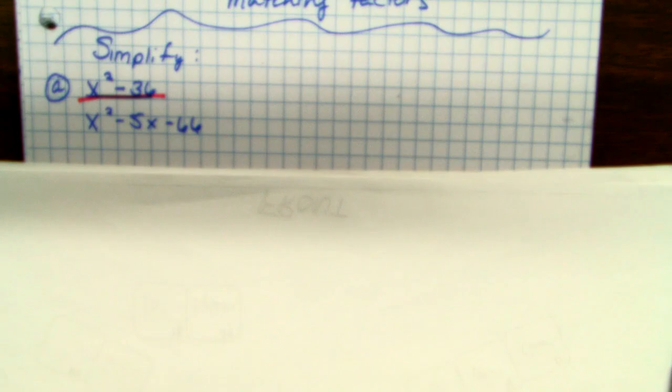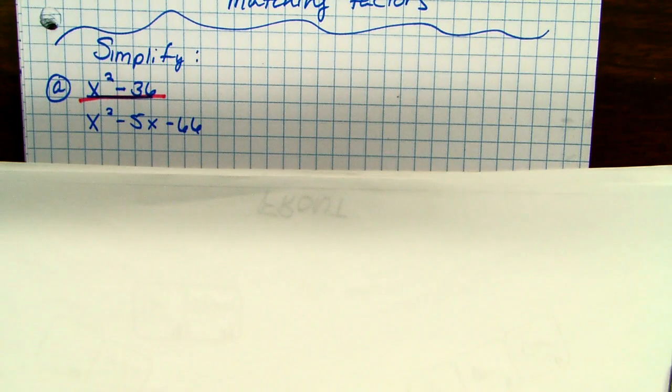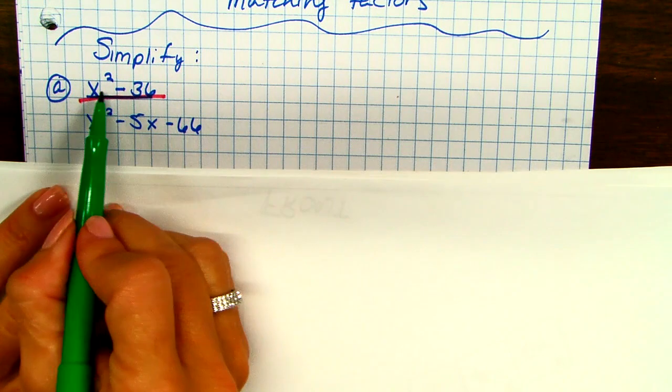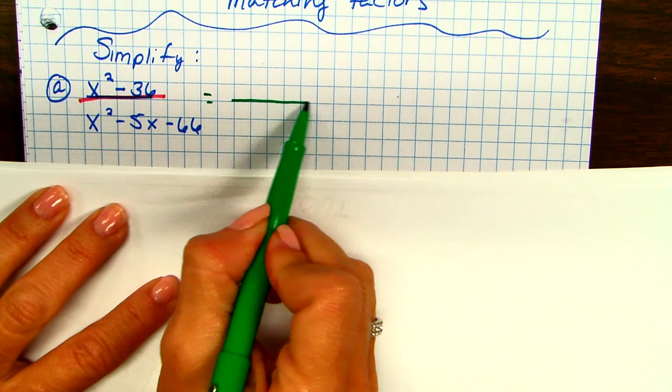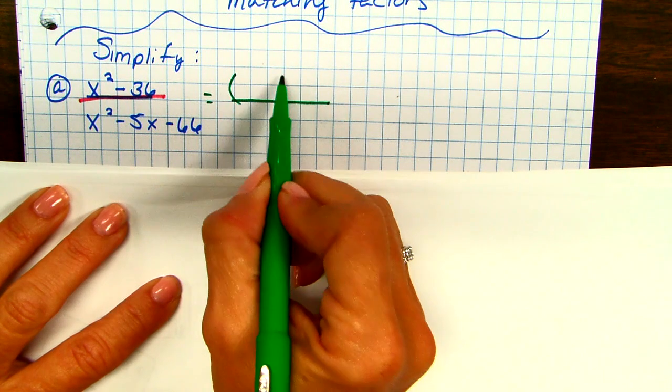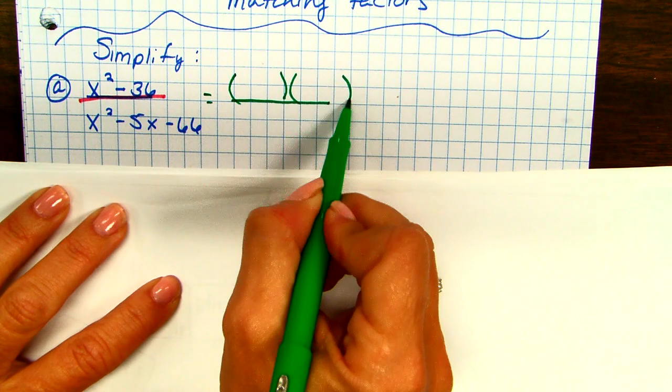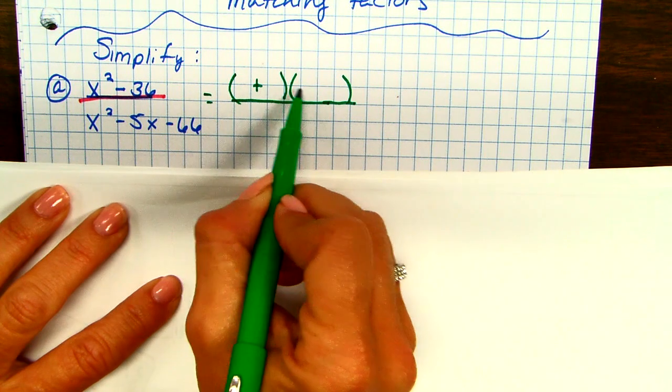Okay, so you're going to look at your numerator and look at your denominator as two separate problems in the beginning. You look at your numerator, and after our review yesterday, I'm hoping you recognize that as the difference of squares. When we have the difference of squares to factor it, we have two parentheses with two different signs.